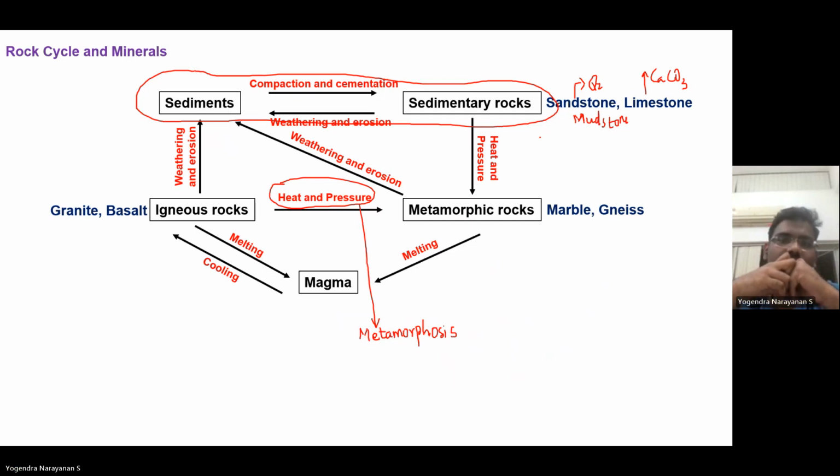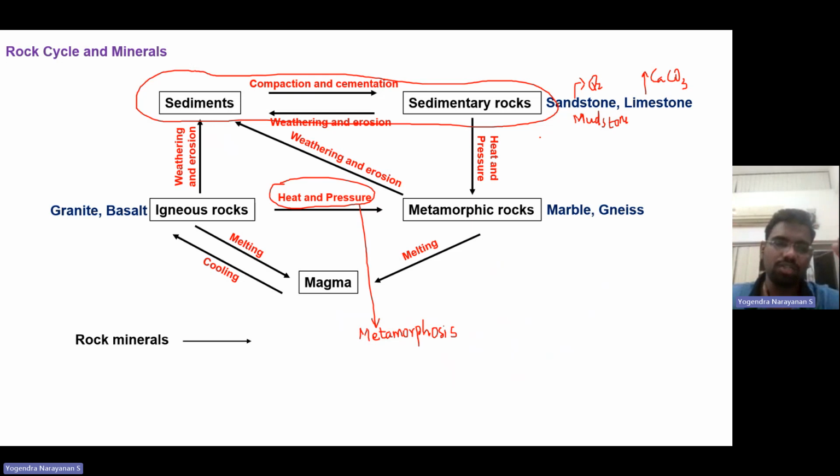So with this idea, further extending these ideas, some of the more basic understanding: the definition of rock itself is an aggregate of minerals.